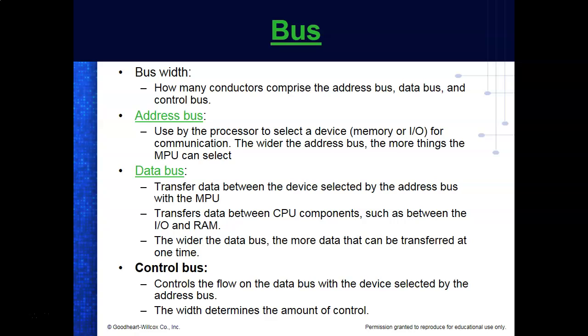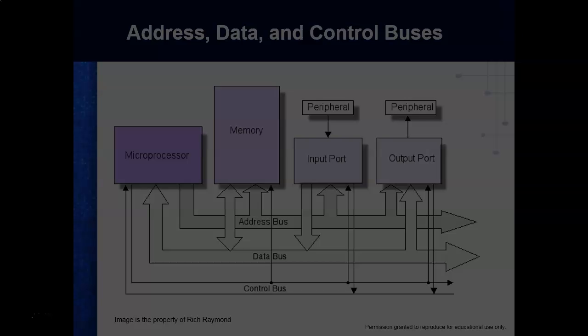And then you got a control bus that controls all this flow all the time, making sure everything's at the right place at the right time, moving in the flow, interrupting, trying to get the microprocessor's attention. So the control bus is very complicated. Some of the pins are outs, some are ins, some are bidirectional. So the control bus is a very complex bus.